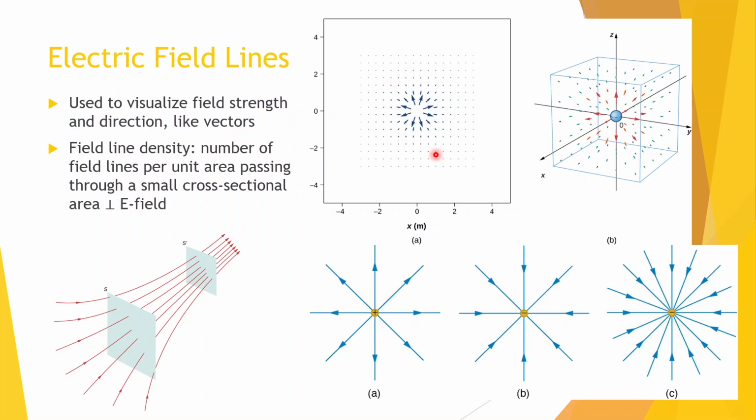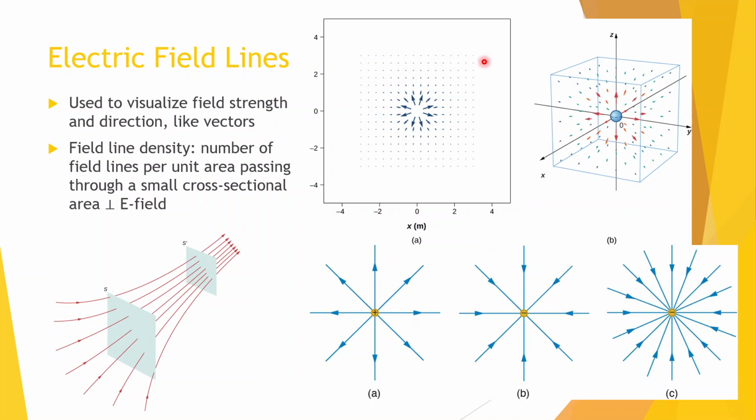Last semester we looked at gravity, and the strength of gravity has that 1 over r squared component. It's very similar, right? The electric field gets weaker as we go away, just like the strength of a gravitational field, okay? And we can also look at this in 3 dimensions.